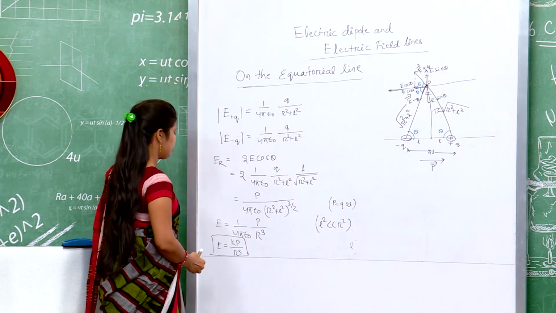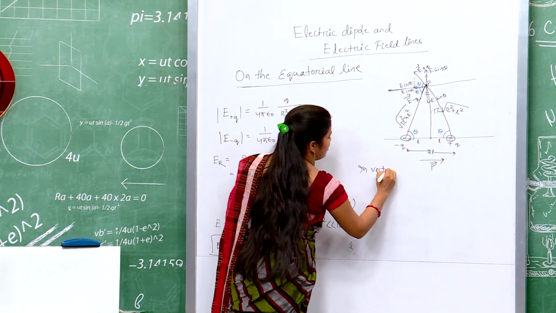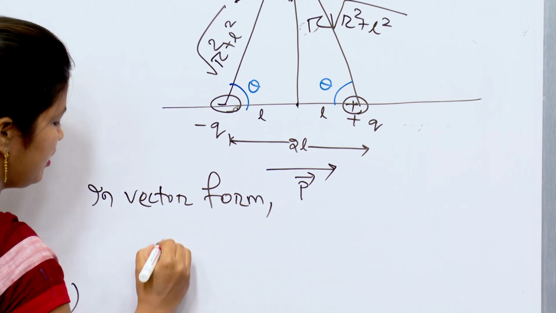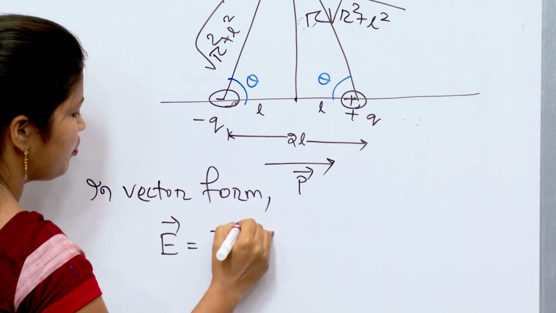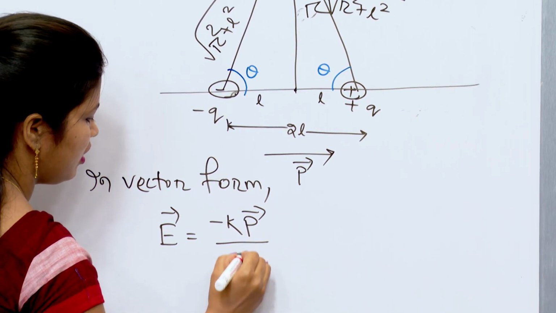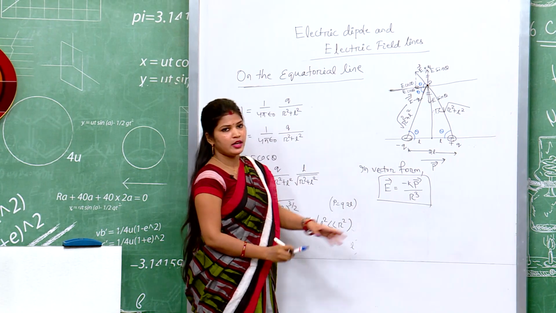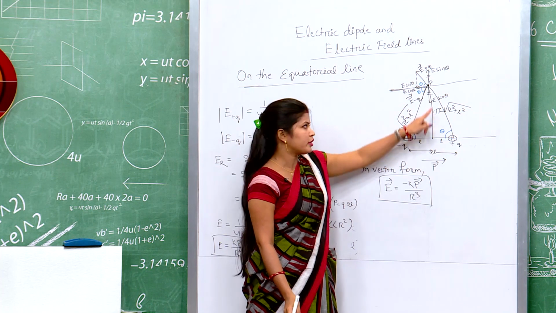So, in vector form, we will get E vector is equal to minus k p upon r cube. The negative sign here indicates that the direction of electric field intensity is opposite to p.